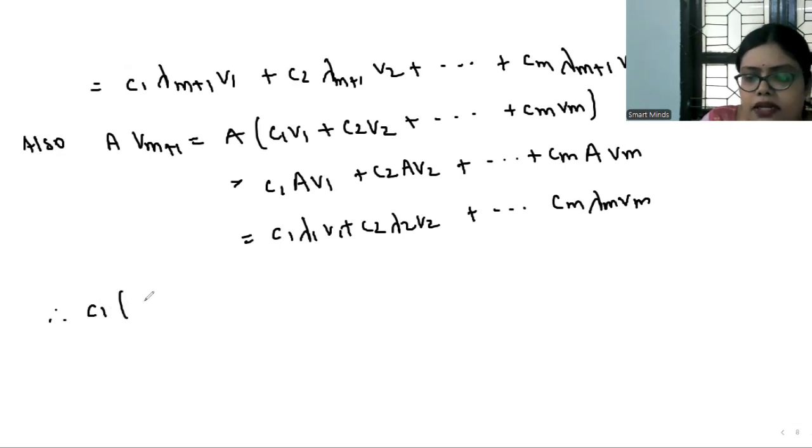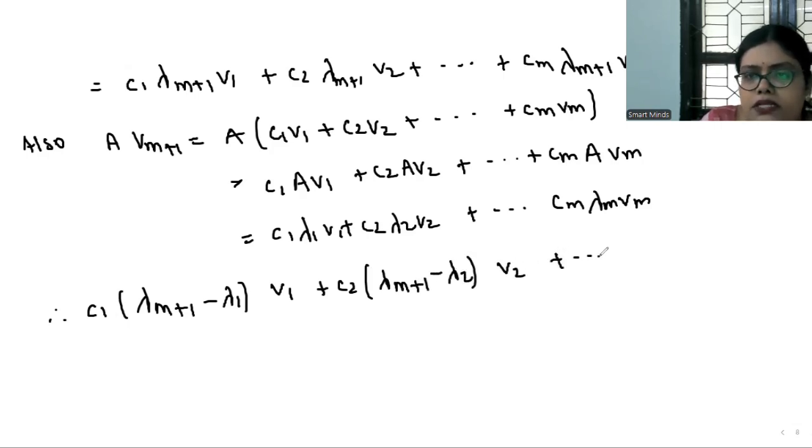Therefore, C1 into lambda m plus 1 minus lambda 1 into V1 plus C2 into lambda m plus 1 minus lambda 2 into V2 plus so on up to Cm into lambda m plus 1 minus lambda m into Vm is equal to 0.